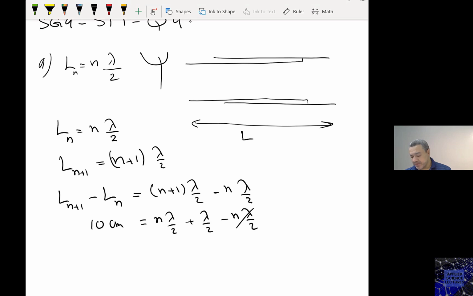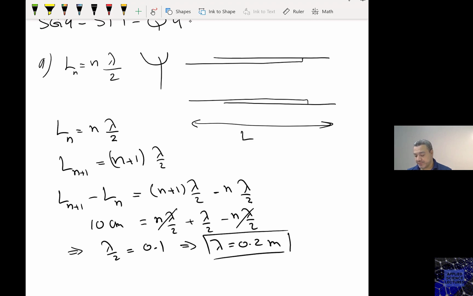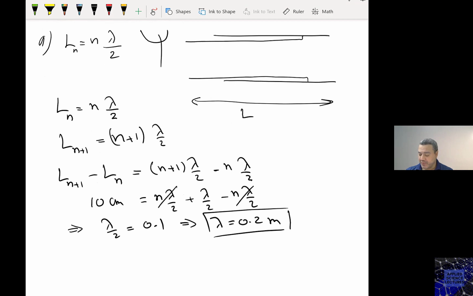So n lambda over 2 minus n lambda over 2 will cancel, and we'll end up with lambda over 2 equals 0.1 meter, and lambda is 0.2 meter. So this is the wavelength for the sound generated by the fork.